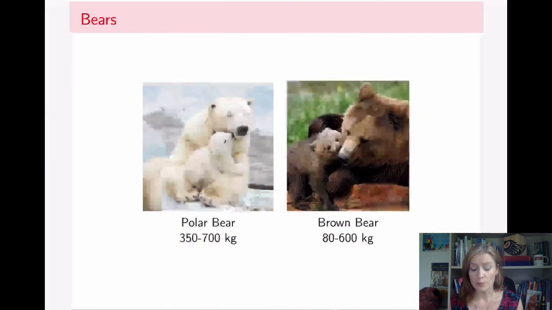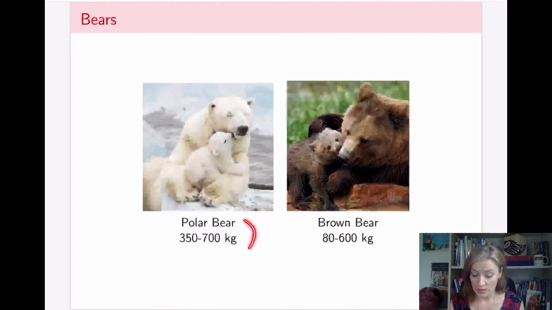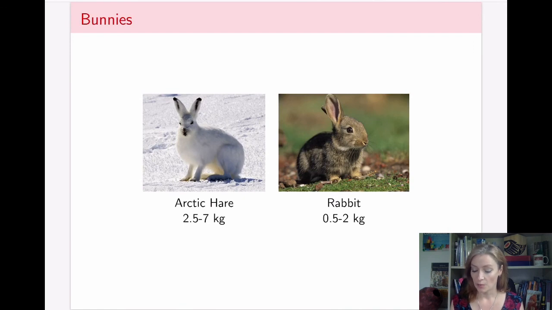So for example, polar bears. Notice the difference in size is fairly striking. Polar bears are between 350 and 700 kilograms versus a brown bear that actually lives in BC that starts off at a fairly small 80 compared to the polar bears' 350. Hares or bunnies. Our bunnies here are, again, fairly small.